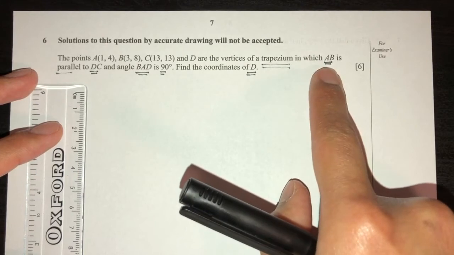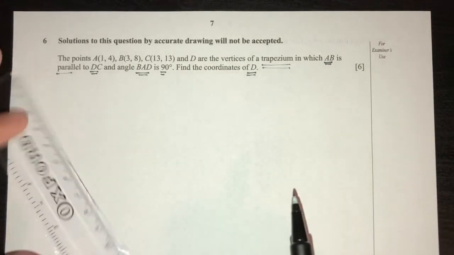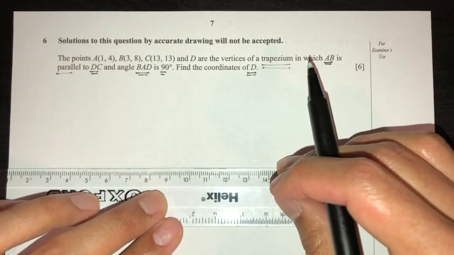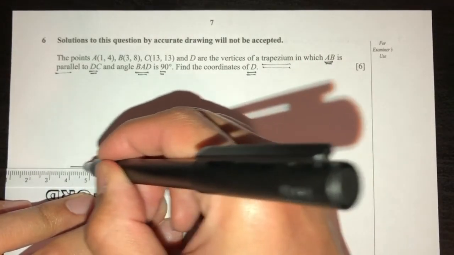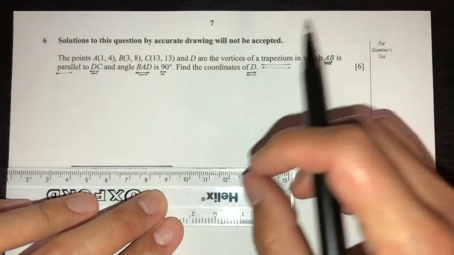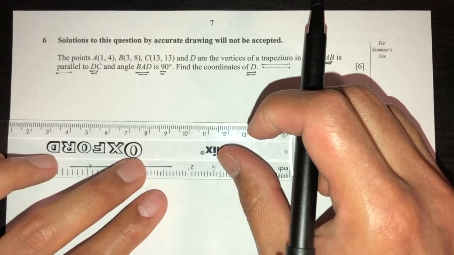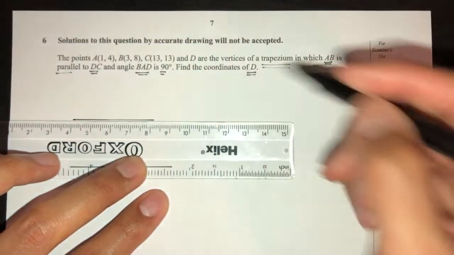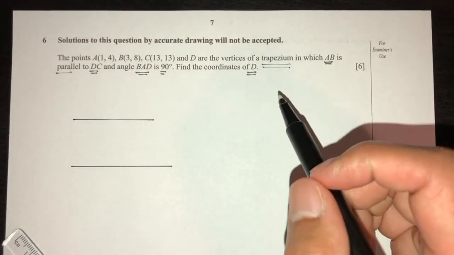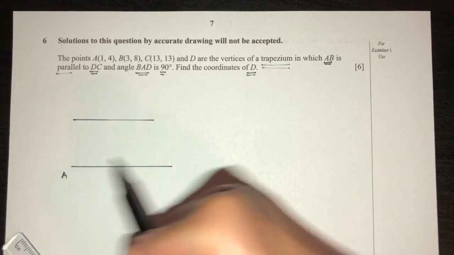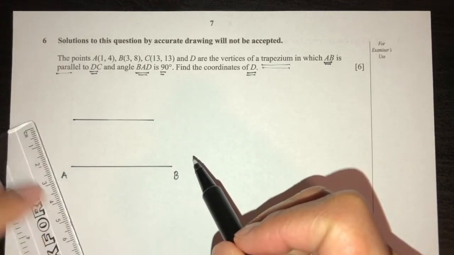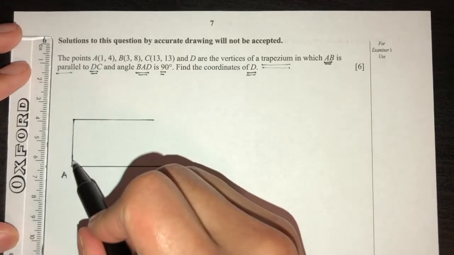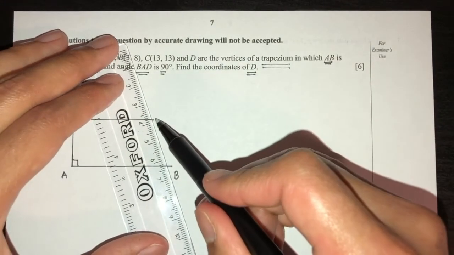AB is parallel to DC. This is A, this is B, this is D, angle BAD right here is 90, and this is C.